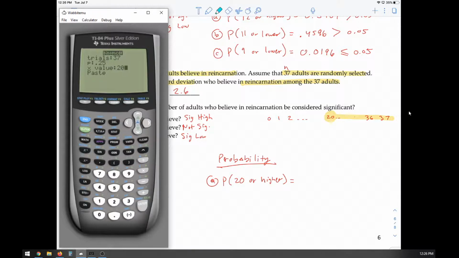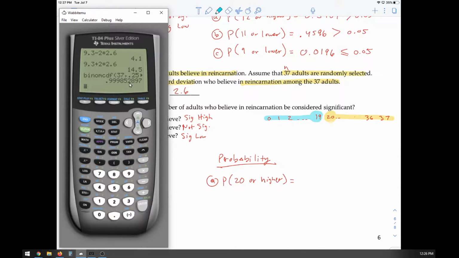So how can we calculate this? Whenever you're trying to calculate the probability of a number or higher using binom CDF, you need to calculate the probability of the complement, which is what I shaded in blue. This is not your answer.